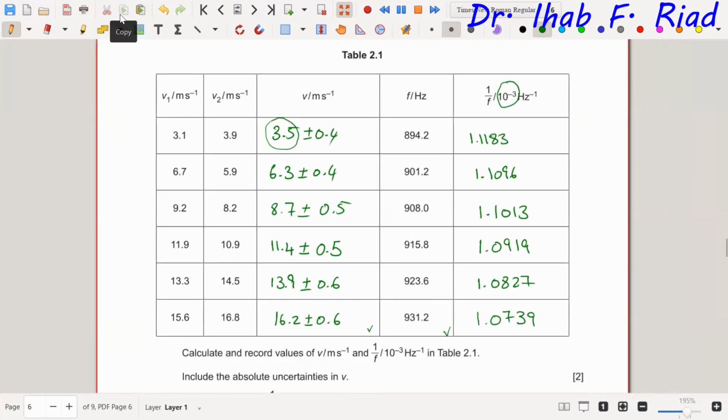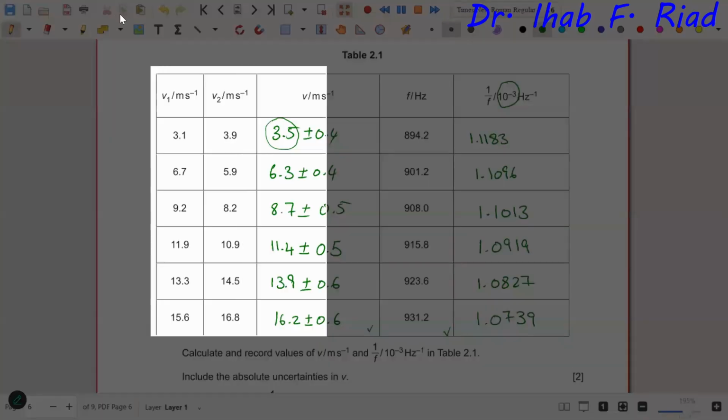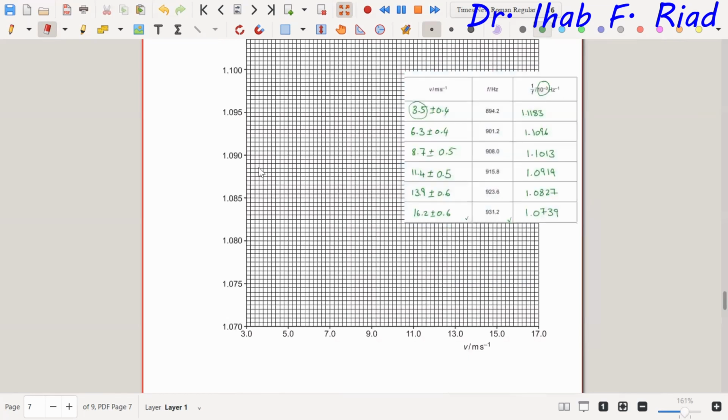Okay, so the next step is we start doing our graph plot, right? Yes. On the x-axis, we are going to have the velocity, and on the y-axis, we are going to have 1 over f, right? Is that right, Dean? Yes, it is. What do we have for the scale here?